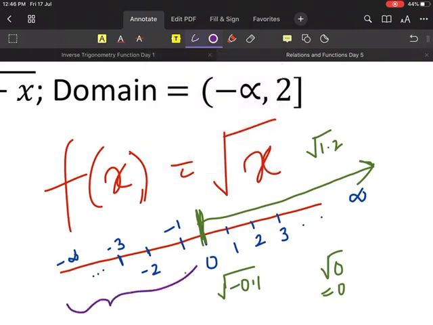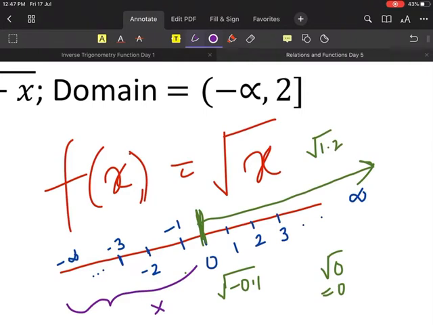So can I say that for all the negative numbers, the function is undefined, and from 0 to infinity, the function is defined, right? So when I am writing the domain, I will ignore these negative numbers, right?